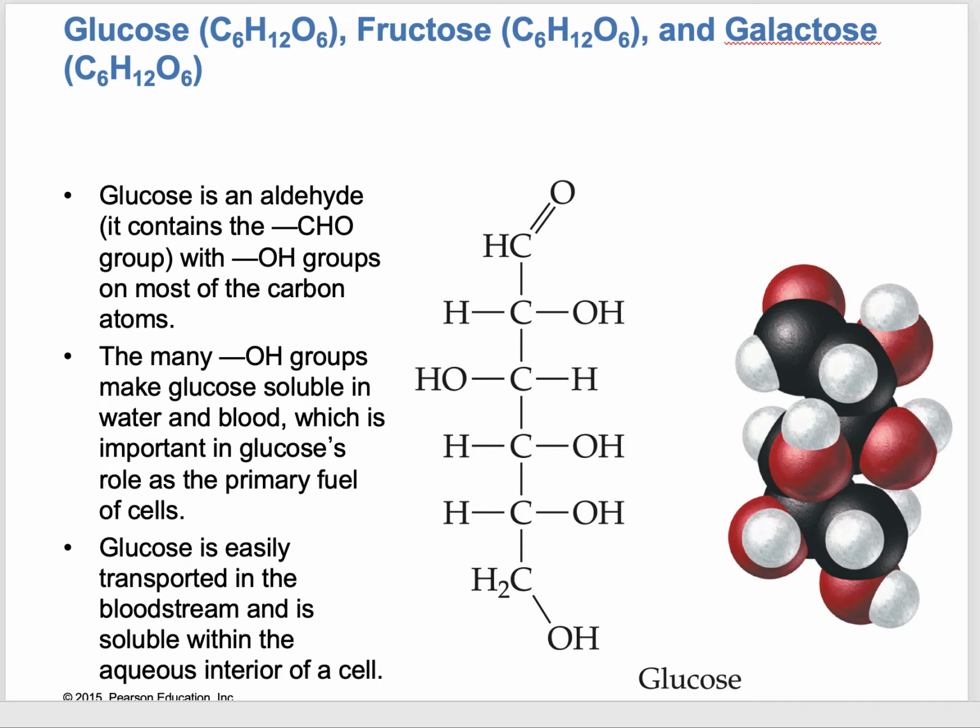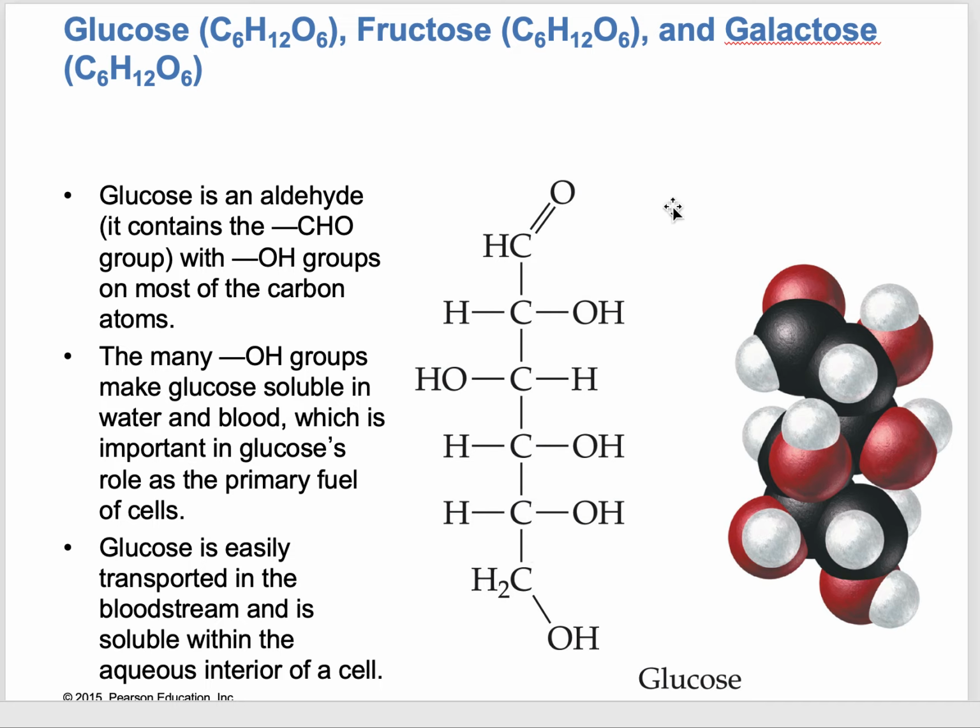Glucose is an aldehyde. It has the aldehyde functional group, C double bond O with the hydrogen right next to it. If you go way back to chapter 7, you see the whole table of functional groups, aldehyde CHO. That will be carbon number 1. That way we number it 1, 2, 3, 4, 5, 6, so that's 6 carbons.